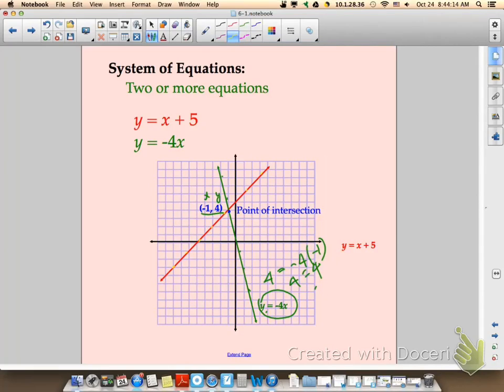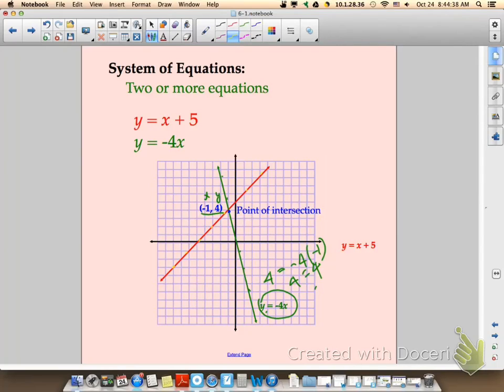Correct? Okay. Now, what we're looking for is the solution of the system of equations. So in other words, what is common to both equations? Lucy? The point of intersection. And what is the point of intersection here? It's actually negative 1 comma 4.